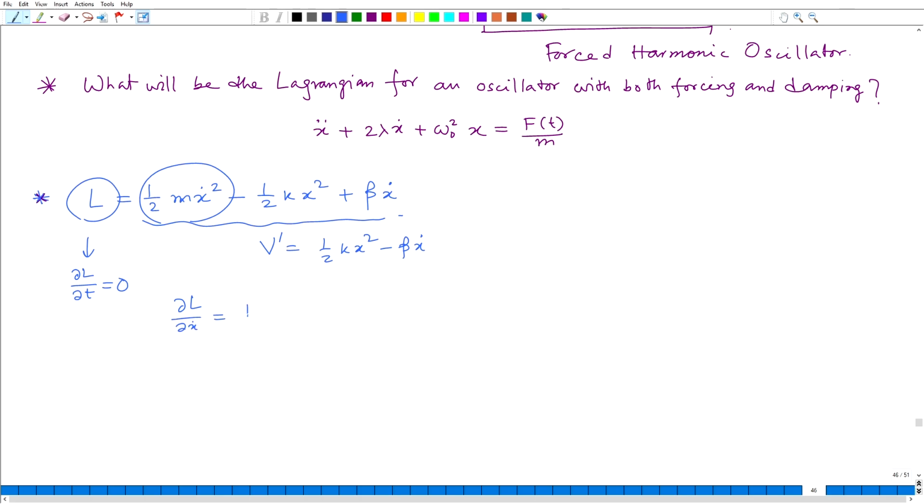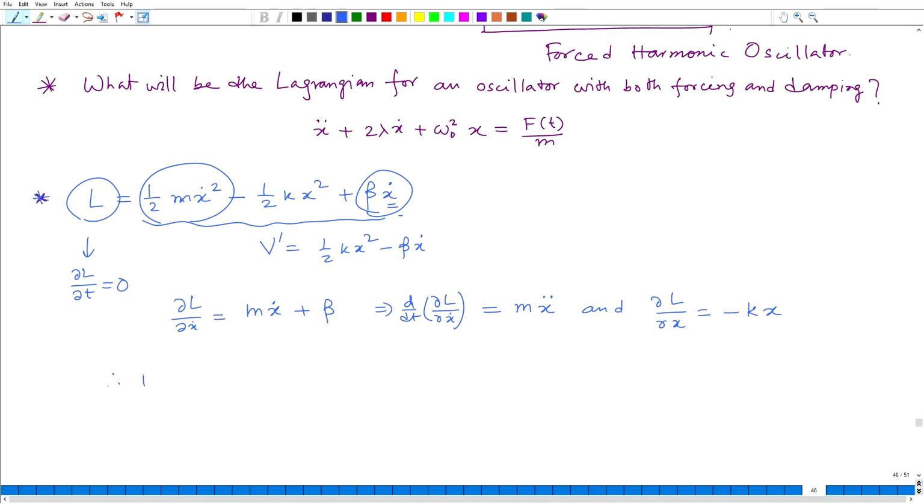It will be m x dot plus beta, because there is a term with x dot which is linear in x dot. Then d/dt of ∂L/∂x dot will be m x double dot, and ∂L/∂x will be minus k x.